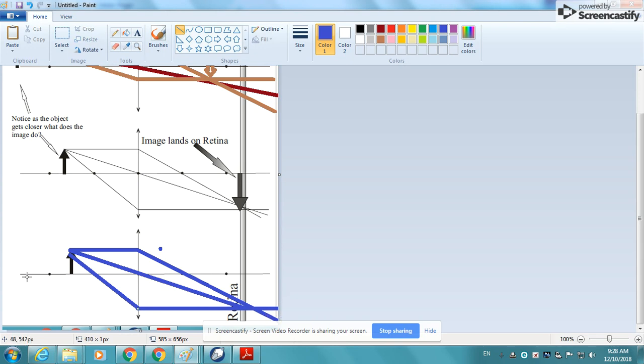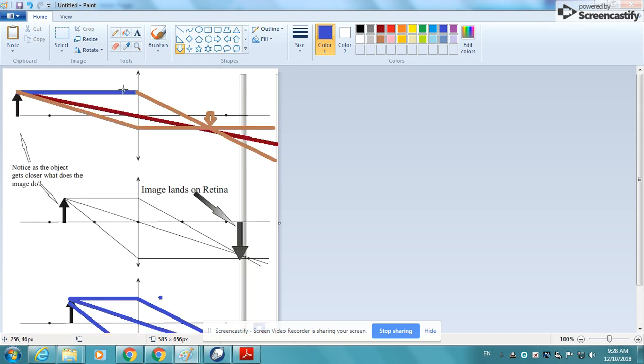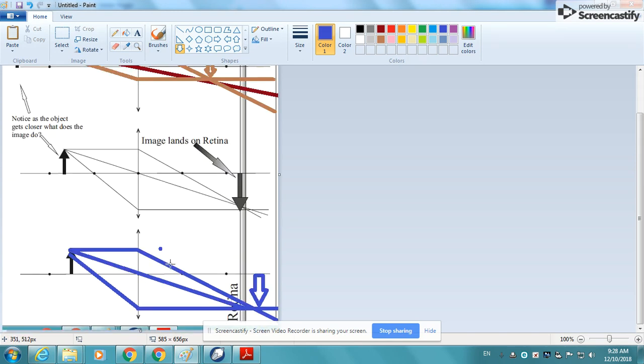And the focus is not very clean because this happens on large diagrams. It's not your fault, but clearly the image is forming behind the retina. So in this one, the rays were being converged too quickly. And on this one, the rays didn't come together fast enough.